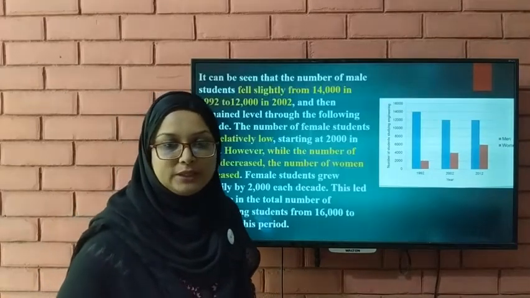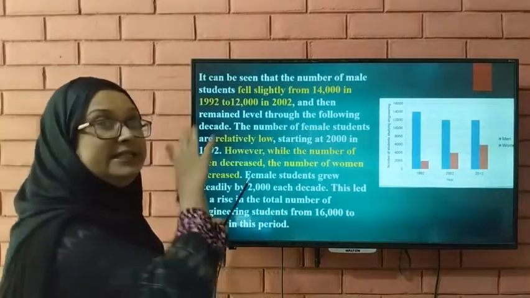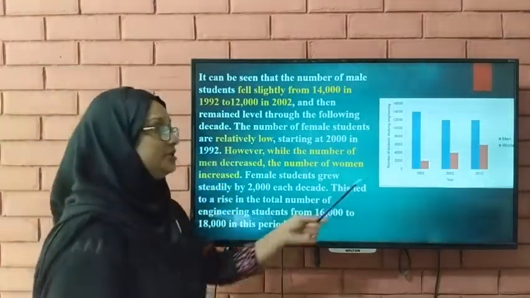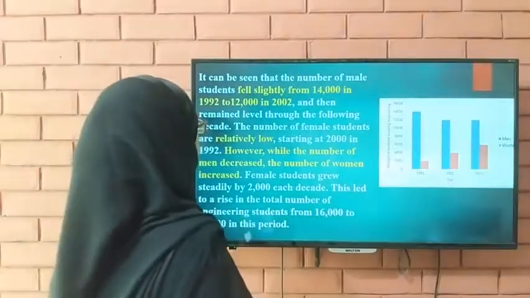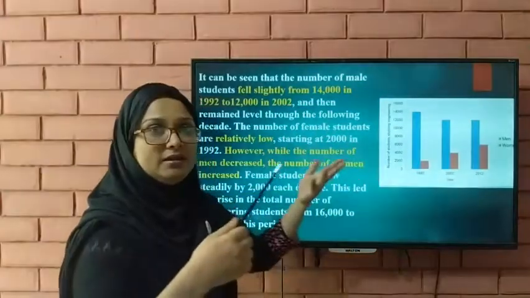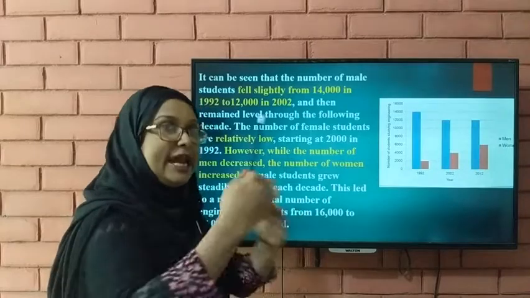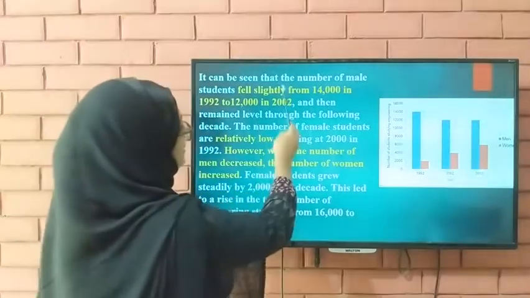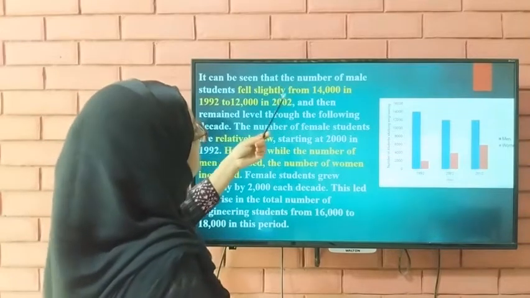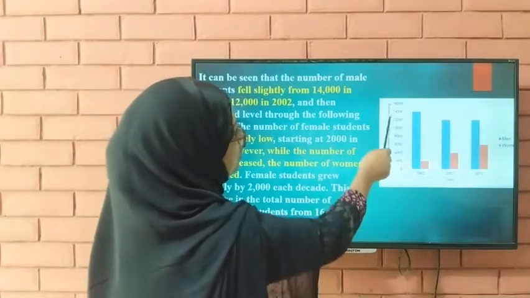Now go to the next para, that is the description, just the description of the data presented in the chart. It can be seen that, look at the structure, it can be seen, in passive form. It can be seen that the number of male students fell slightly from 14,000 in 1992.